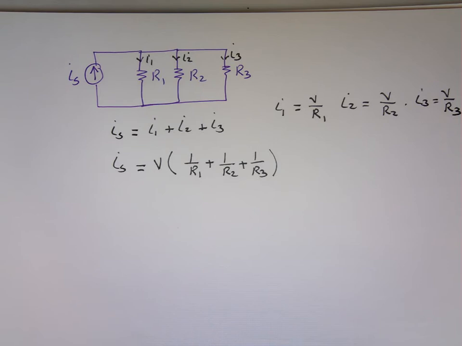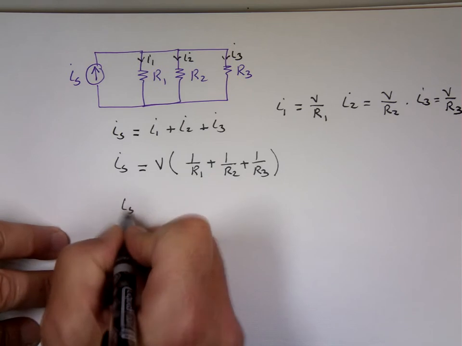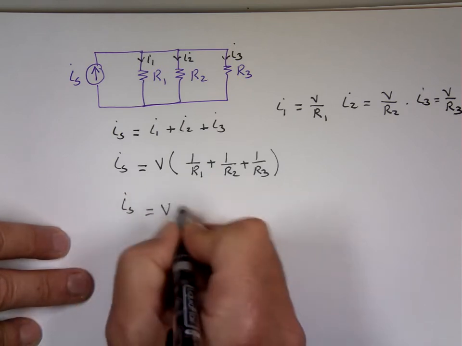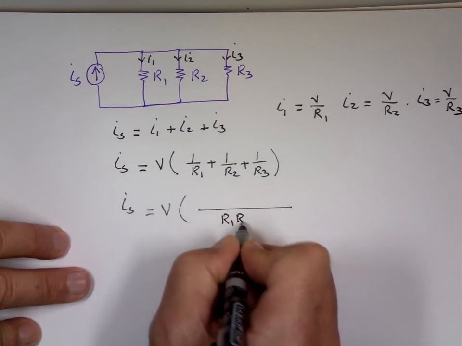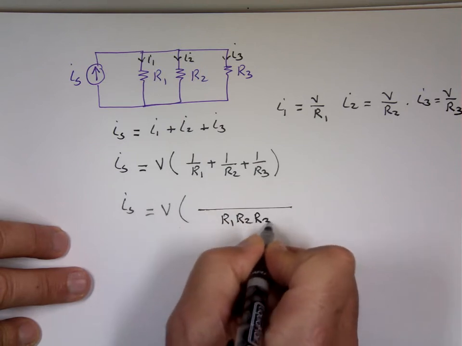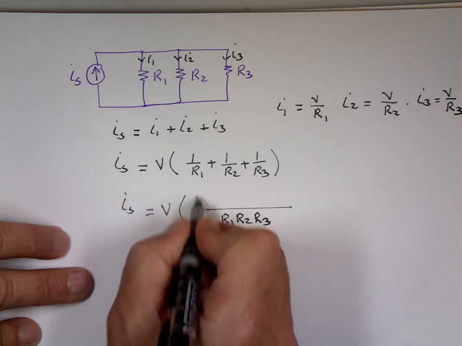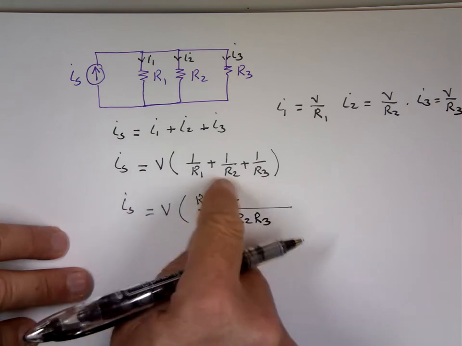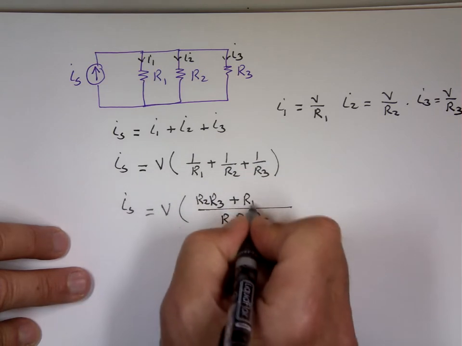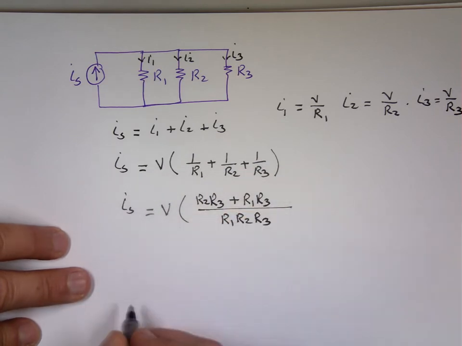R1, R2, R3, right? LCD for these fractions, R1, R2, R3. So this one will be R2, R3 on the top. This one will be R1, R3. And this one will be R1, R2.